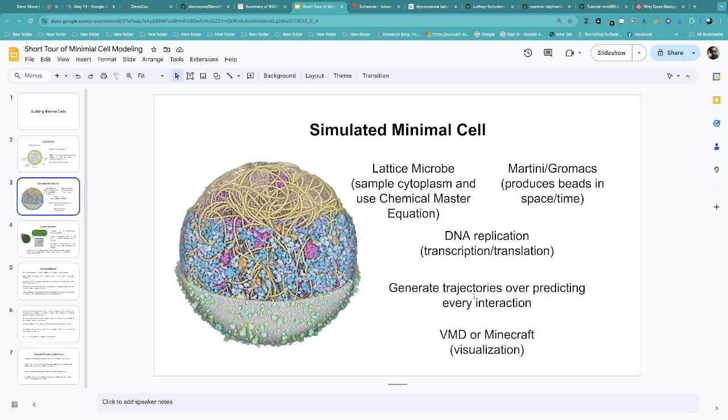What does the metabolism look like from our initial condition to maybe cell division? And so that's how they get a sense of what the minimal cell is doing over time. And then the visualization step involves something called VMD, which is visual molecular dynamics, or they actually are using Minecraft, which is a program that creates these virtual worlds that you can interact with in a VR headset.